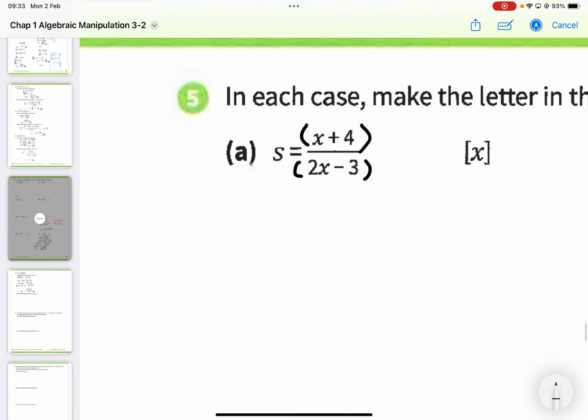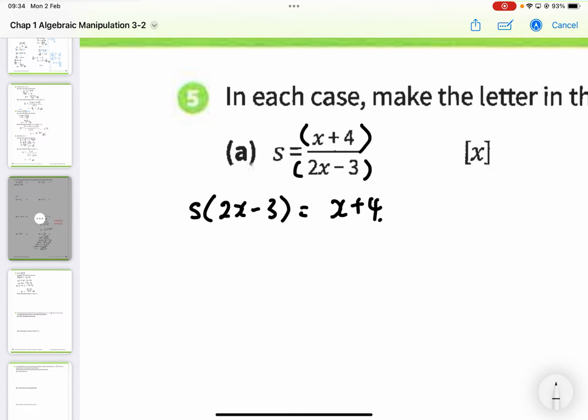I want it to go to the numerator. So I need to multiply the bracket on both sides so that it will cancel away. And then it goes to the left, become a numerator. So my next step will be S multiply 2x minus 3 equals to x plus 4.